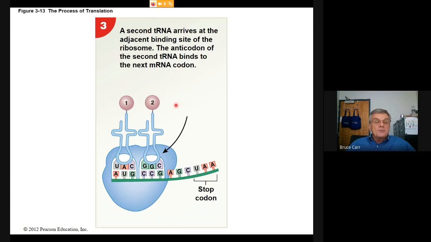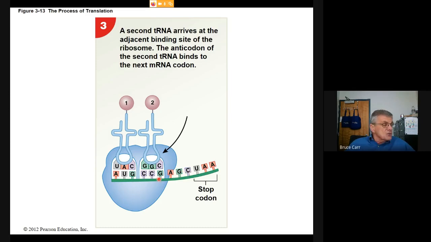So the 3 steps are bind, shift, and slide. Now we're going to keep doing that as long as a new codon comes into this site.